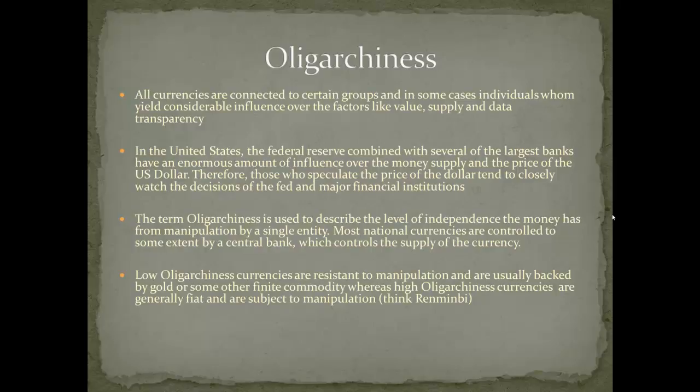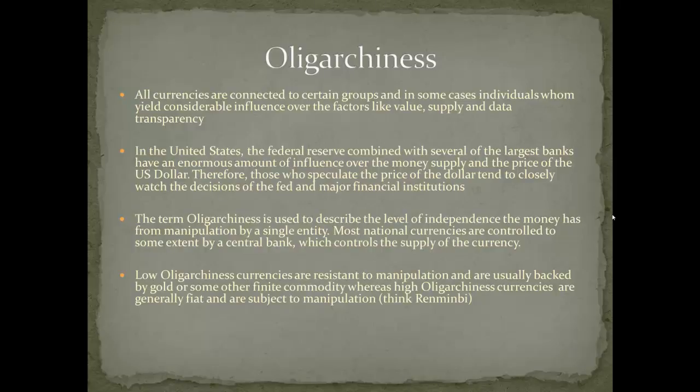For example, China prints more money to keep their money cheap. They do this for trade. And therefore, a small group of people in China, the people who control the government, have the ability to either make the money more valuable or less valuable without any of the Chinese people's input or will. Low oligarchical money is money that's typically backed by a commodity.